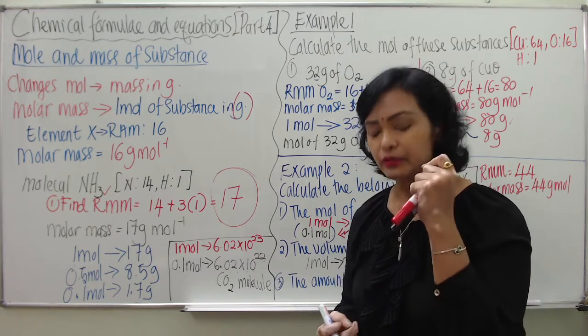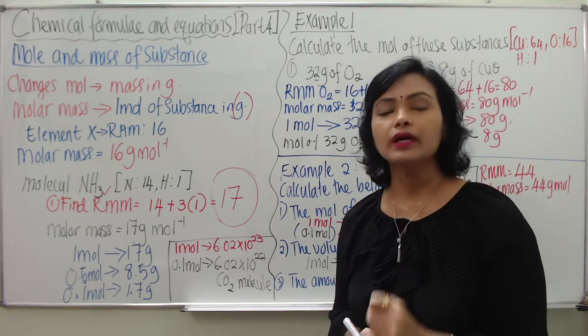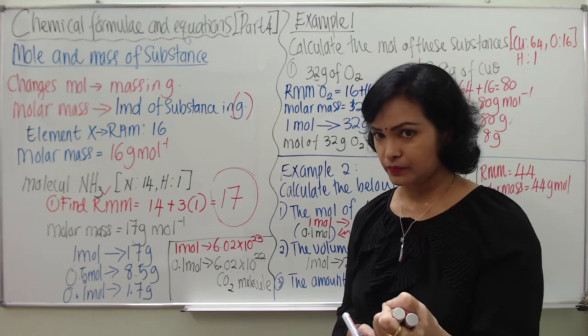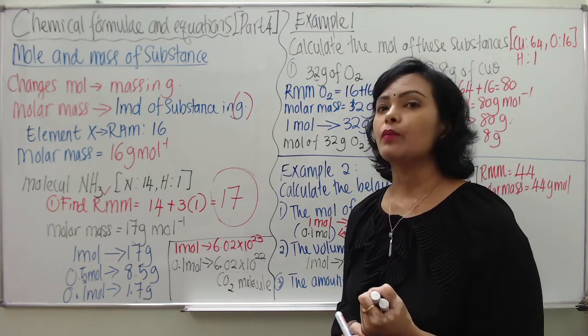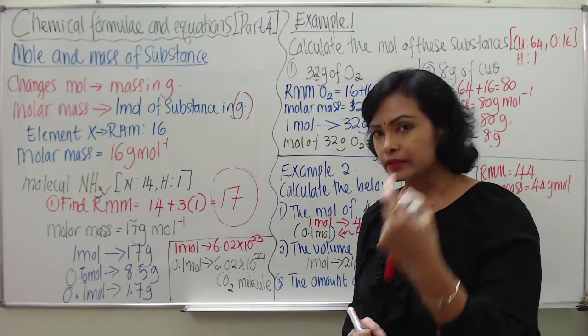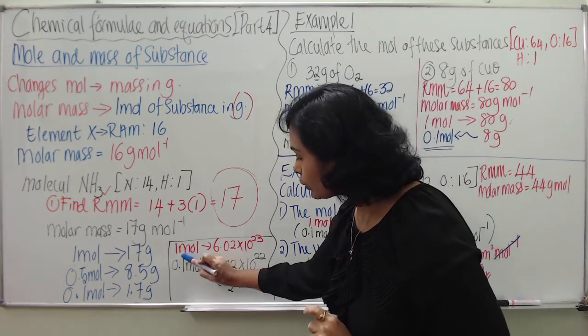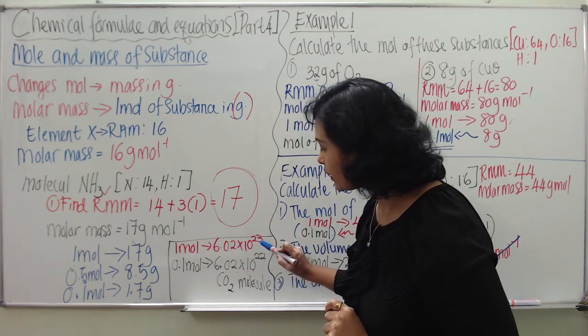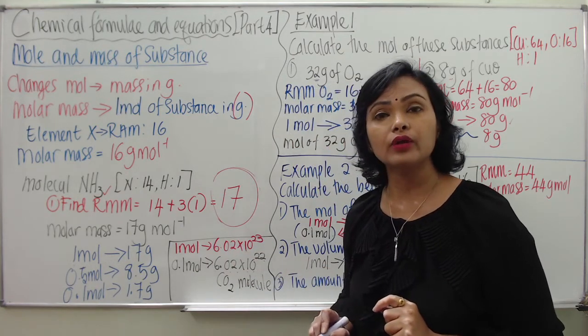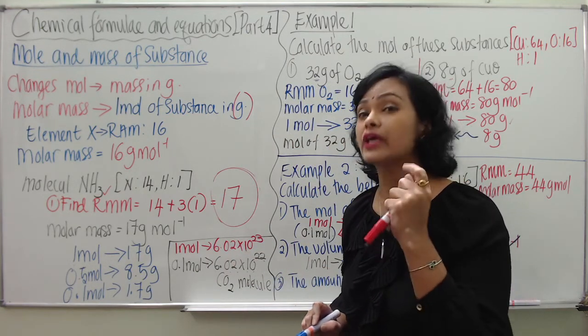But this is where students must know carbon dioxide is a molecule, so they are asking about molecule. So in order for you to hit 1 mole, you must have 6.02 times 10 to the power of 23 carbon dioxide molecules.